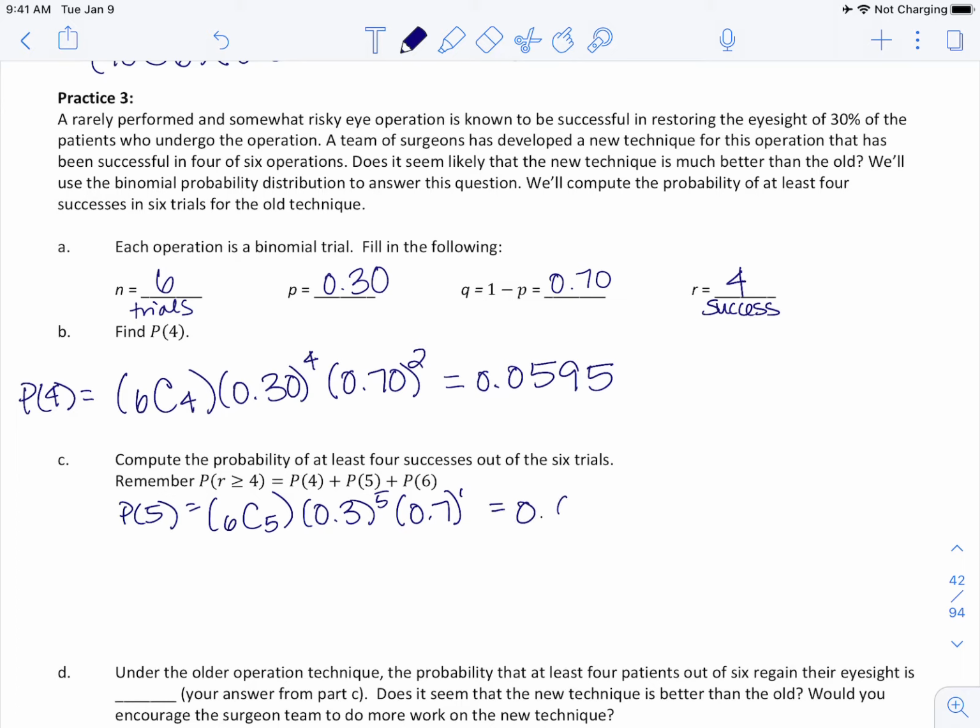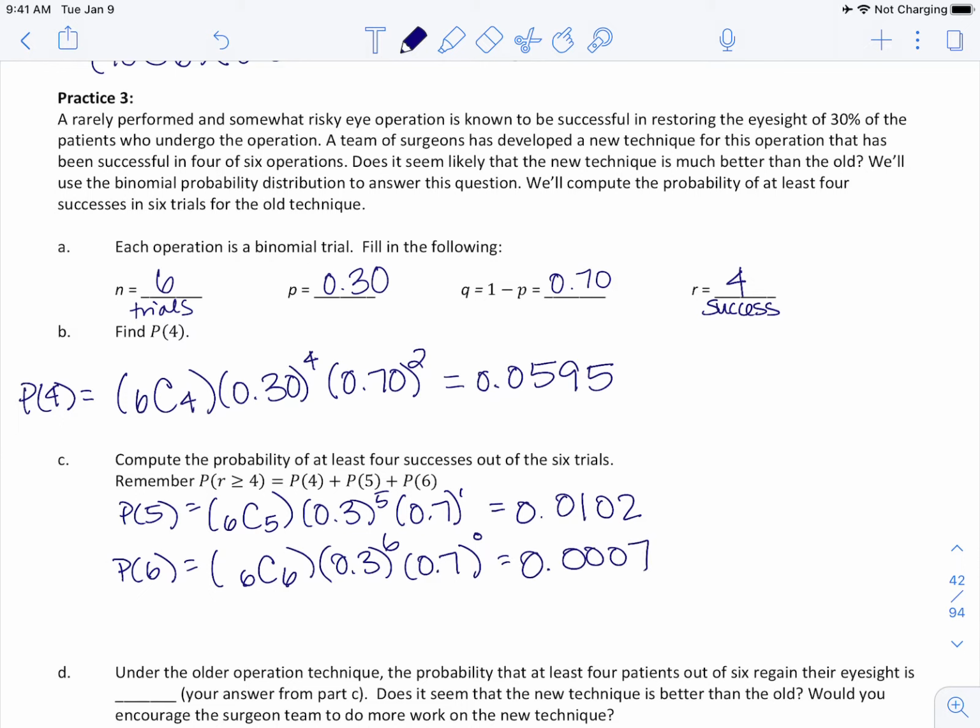This will come out to be 0.0102. Probability of 6 we're going to do 6C6 times 0.3 to the 6th times 0.7 to the 0 power. This one comes out to be 0.0007.